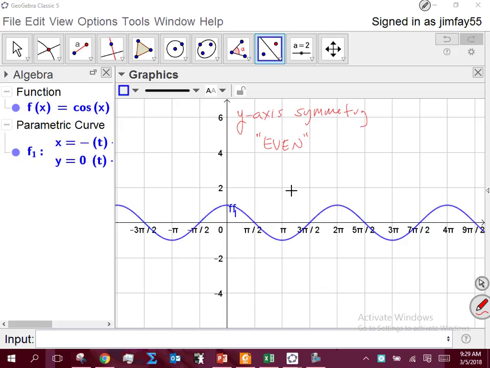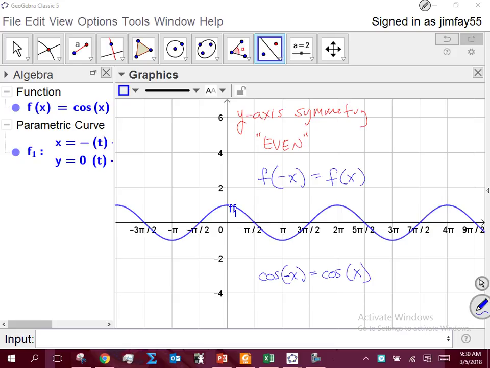Okay. And even functions were defined as f of negative x is equal to f of x. Okay, that's why the other day when we saw cosine of negative x was the same thing as cosine of x, because we have symmetry on the y-axis.